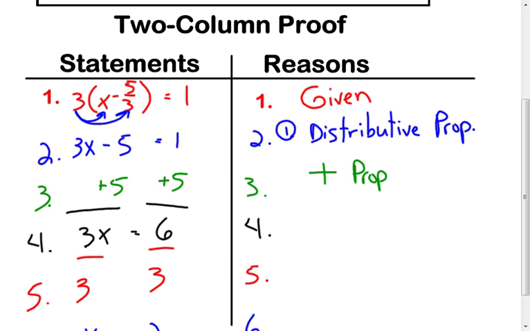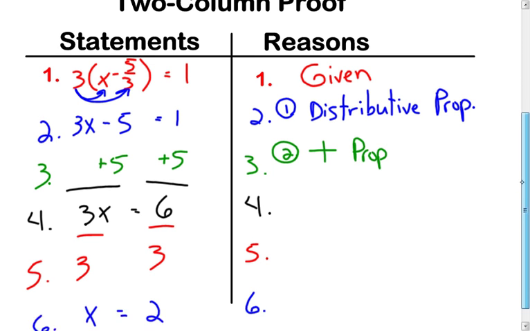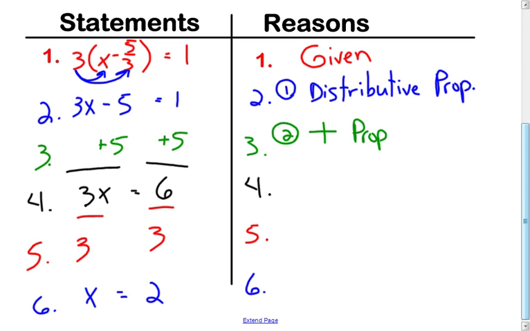Now, my reference number, well, I needed to have statement 2 to be able to do number 3. Technically, I needed 1 also, but we're only going to write down the statements that we directly needed.